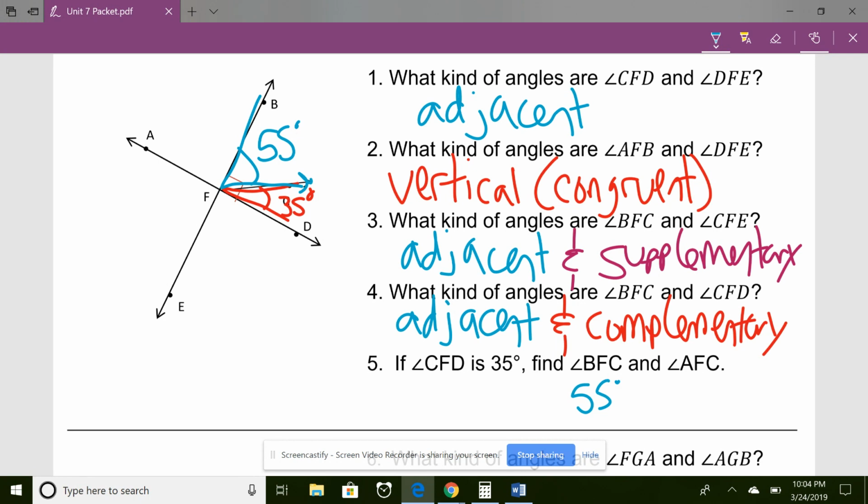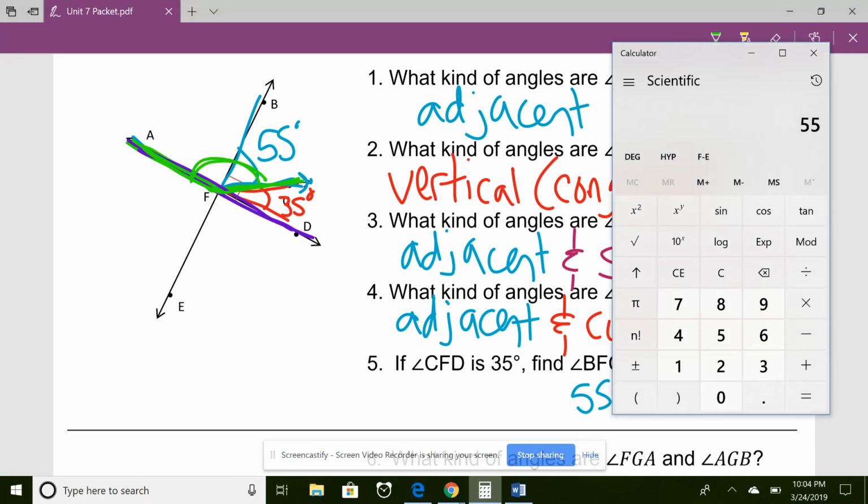Okay. And AFC. All right, so we have AFC. Where is AFC? Oh, AFC is this line right here. Now, AFC relates to CFD in that they form a straight line right here. Remember, a straight line is 180 degrees. So I'm going to figure out what AFC is, this angle all the way around.